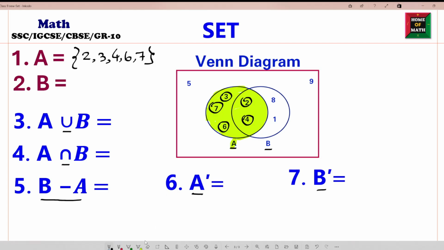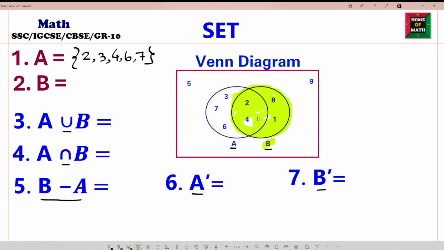And set B. Set B we can write like this. This circle is set B, right?